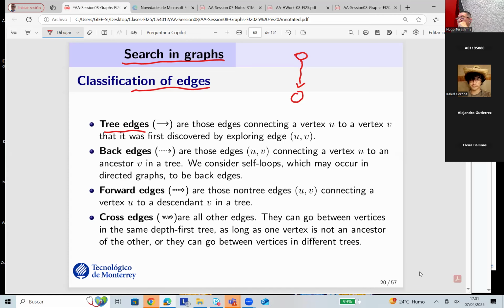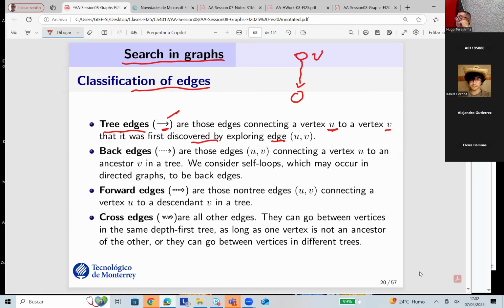So an edge represented by this solid arrow containing vertices U and P was first discovered by the exploring edge UP.